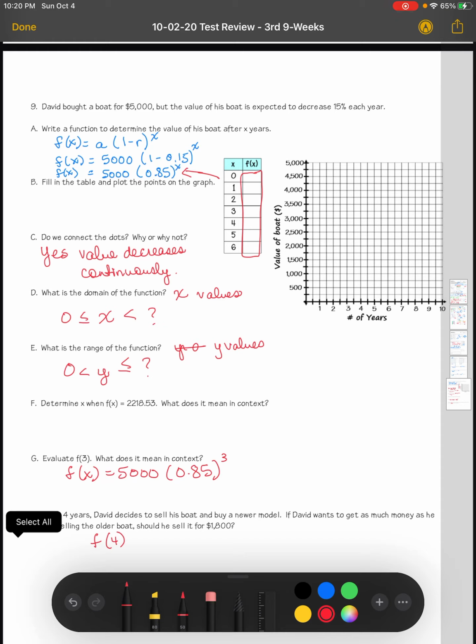So go and look at your graph. 4 years, what is the value of his boat in 4 years? Should he sell it for $1,800? You should be able to answer that question to determine, do you want to sell it to make money or do you want to lose money? Do you think David wants to make money or lose money on selling his boat? So you should be able to answer that question.